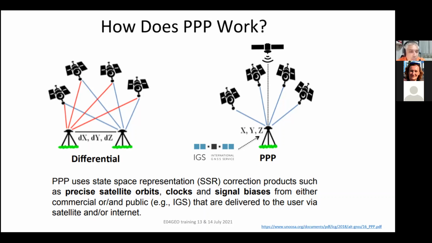So basically, PPP as a method uses state space representation correction products such as precise satellite orbits, clocks, and signal biases from either commercial or public services. For example, IGS products are delivered to the user via satellite and/or internet. So basically, this is how the PPP method works.